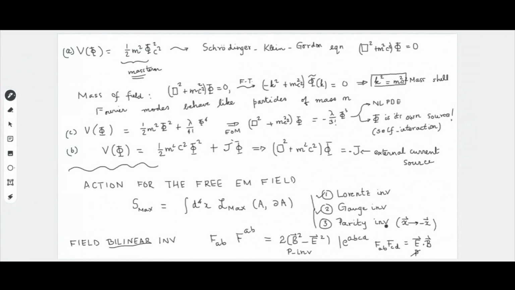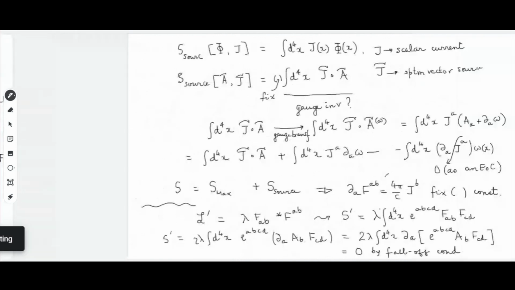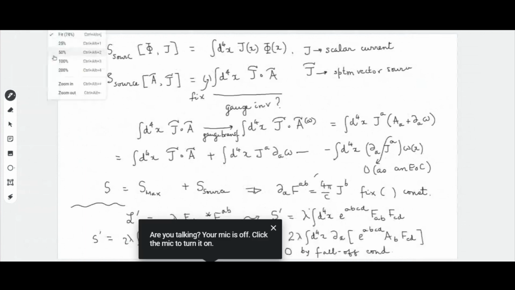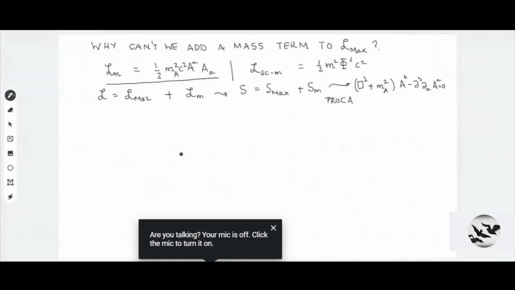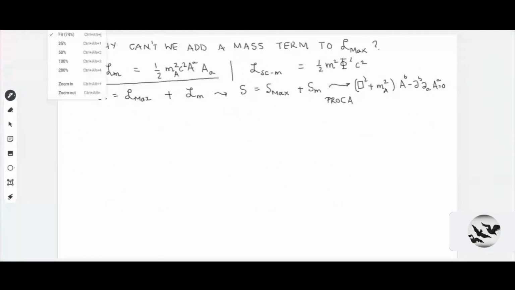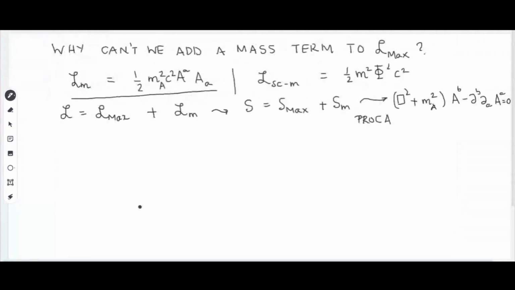Do we have parity invariance? Yes, we do. Do we have gauge invariance? Well, let's see. So the question that we want to ask is, if I write down a mass term like this, do we have gauge invariance? Is this term gauge invariant?